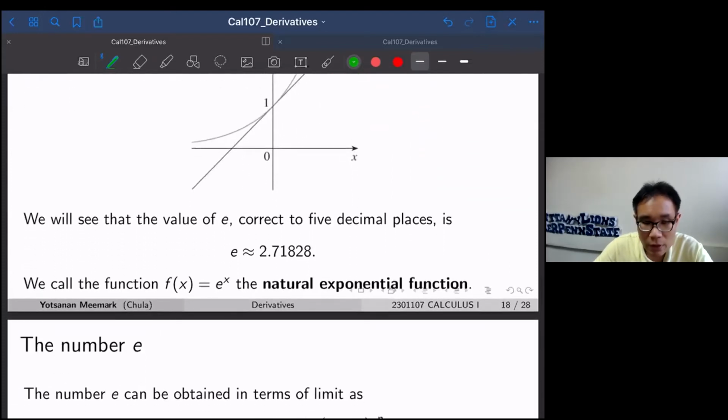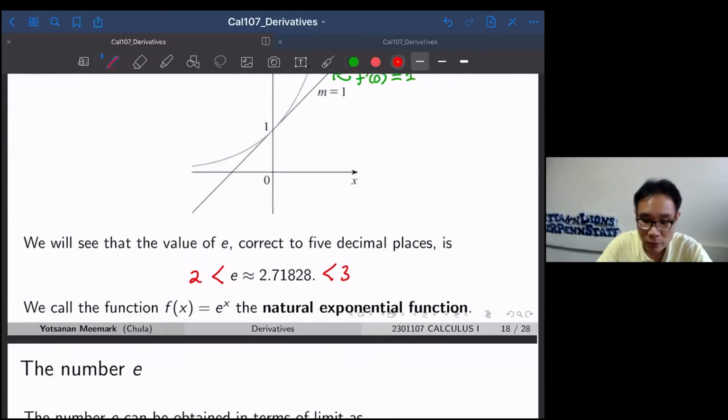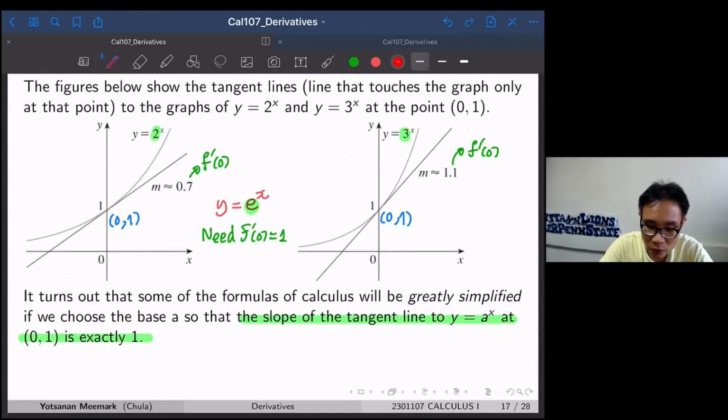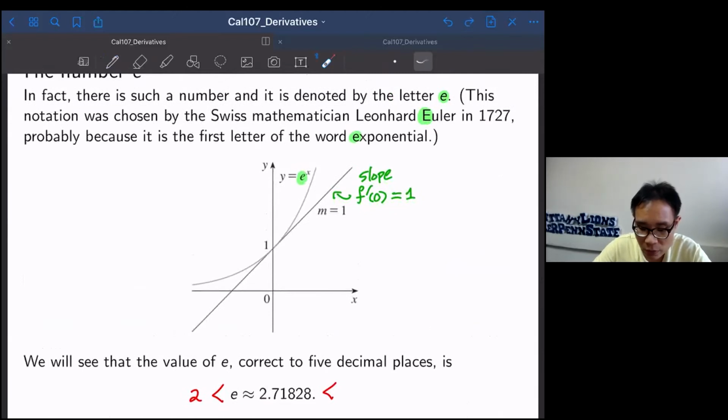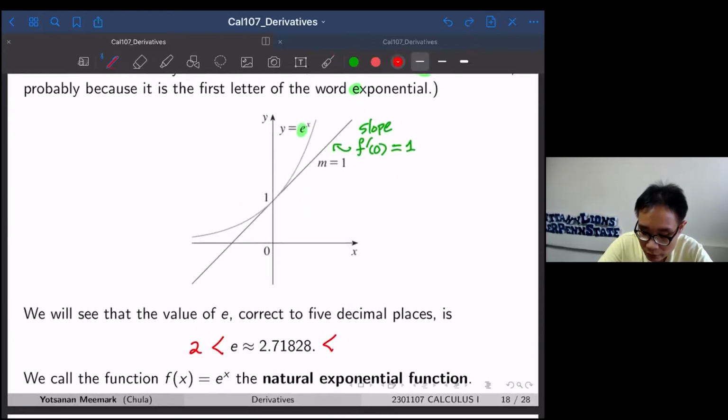And the value of e can be approximated, correct to 5 decimal places, as about 2.71828. So this e lies between 2 and 3 as we suspected. Because for base 2, the slope is about 0.7, and for base 3, the slope is about 1.1. So our number e turned out to lie between 2 and 3.